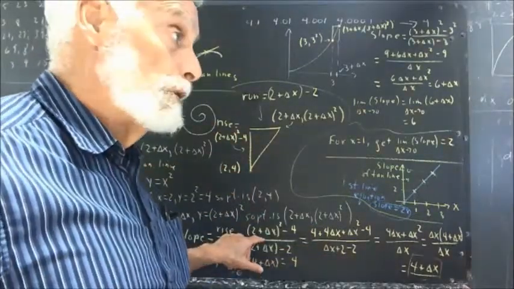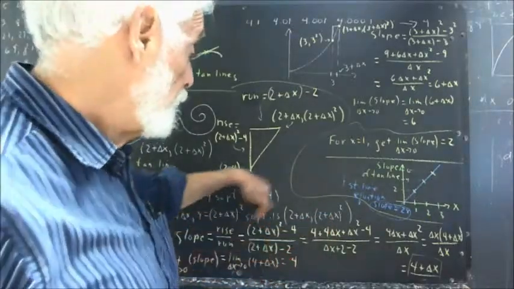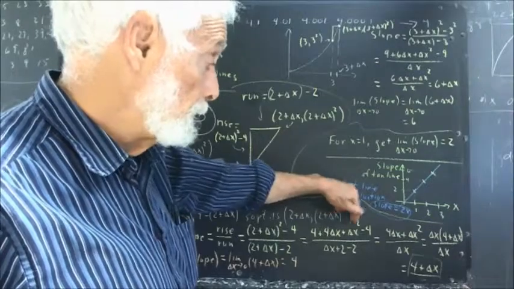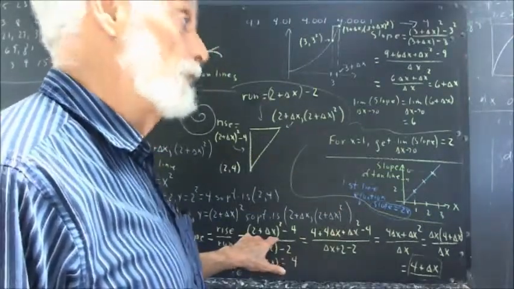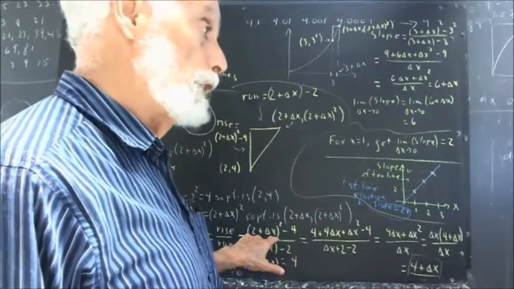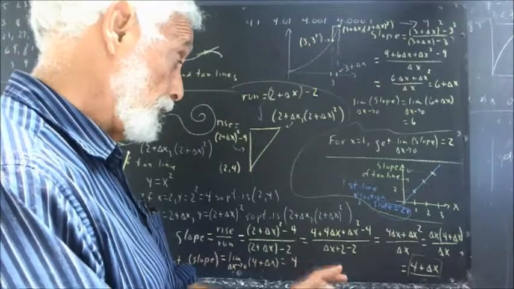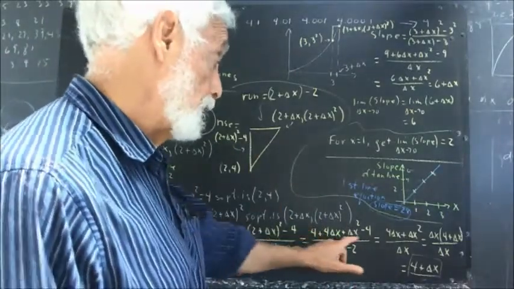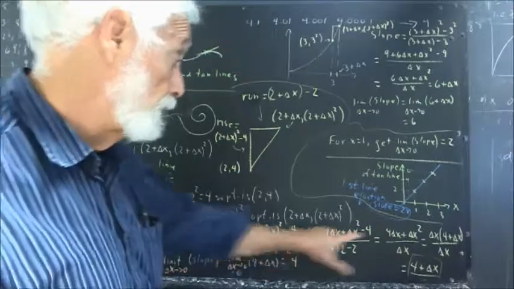I'm not going to go through the details now, we've been through those details a number of times. We get 4 plus 4 delta x plus delta x squared by squaring this binomial. If you don't understand that, you really need to go back and write it out: 2 plus delta x times 2 plus delta x, and understand how we get this. Now we're going to have this minus the 4.